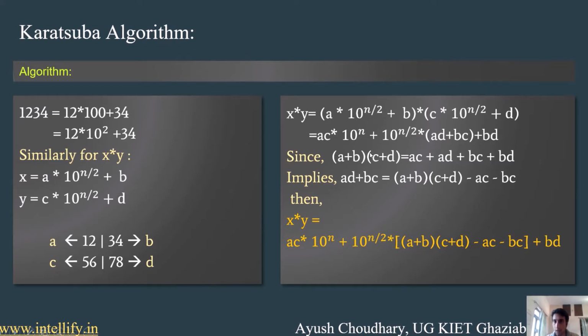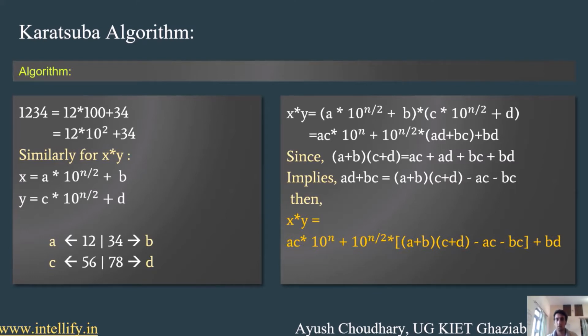We are just substituting ad plus bc with a plus b into c plus d minus ac minus bd, and we simply put this in the equation and get the final equation. So this equation will give us the final result of x into y.